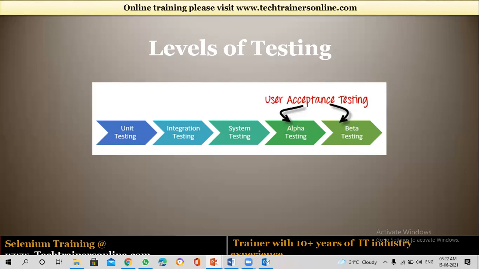So we also have something called entry criteria and exit criteria. When I say integration testing entry criteria, it means: when can I start my integration testing? Whenever you talk about entry criteria, always remember it is when I can start.